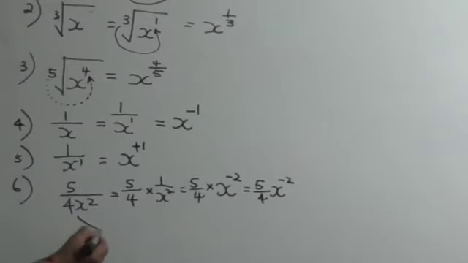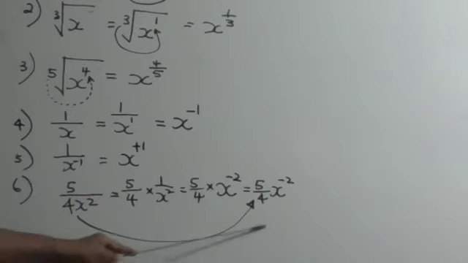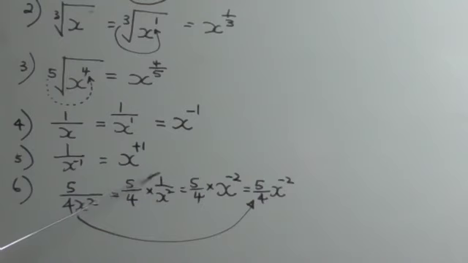So what we are saying is you must know these basics. You must be able to rewrite a thing like this in that form. But we're just showing you here step by step that this is 5 over 4, and x squared is really 1 over x squared.